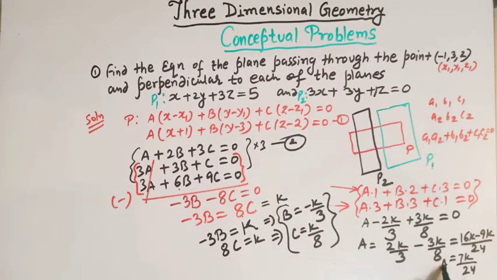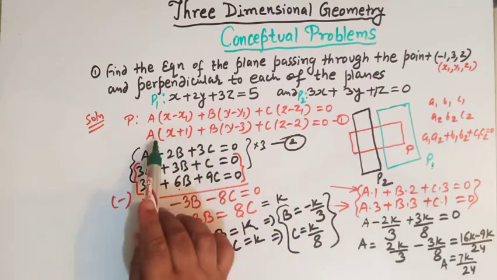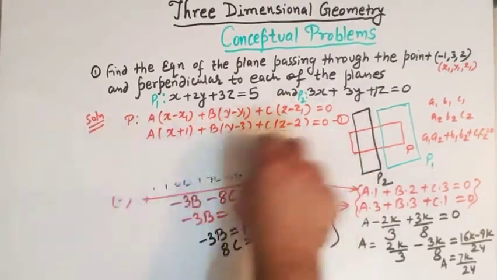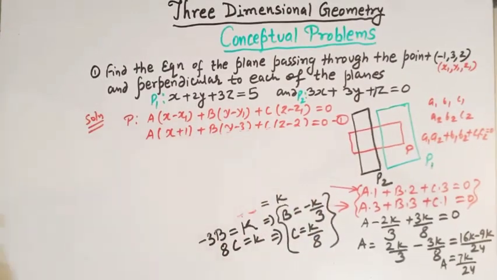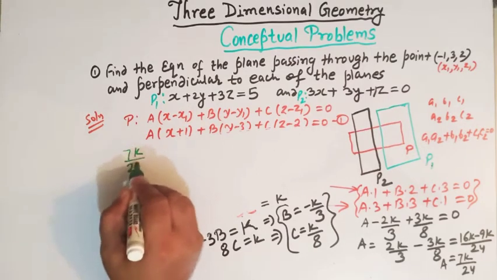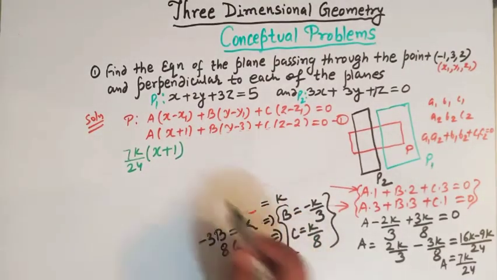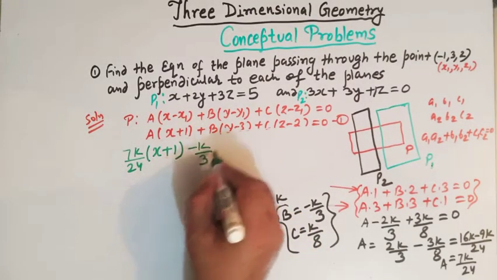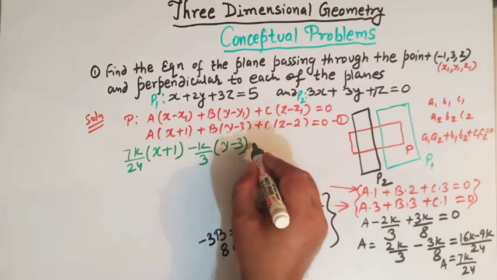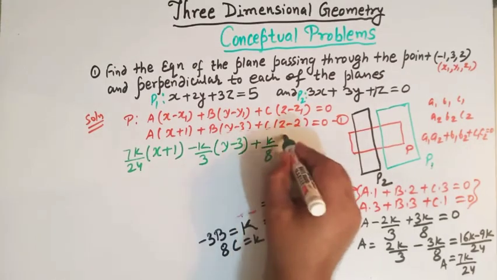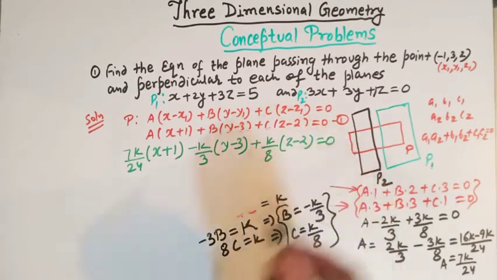Now substituting these three values in equation 1, we get the equation of the plane as: here the value of A is 7k by 24 times x plus 1, and here the value of B is minus k by 3 times y minus 3, and the value of C is k by 8 times z minus 2 is equal to 0.